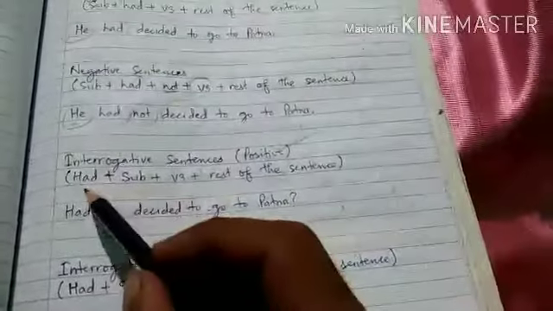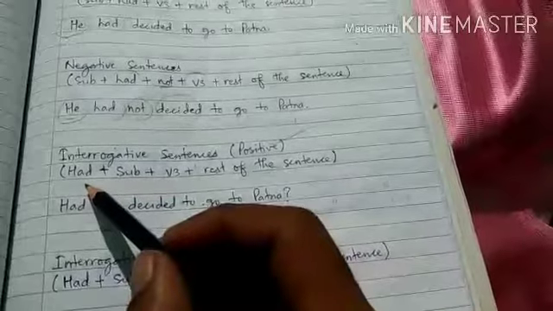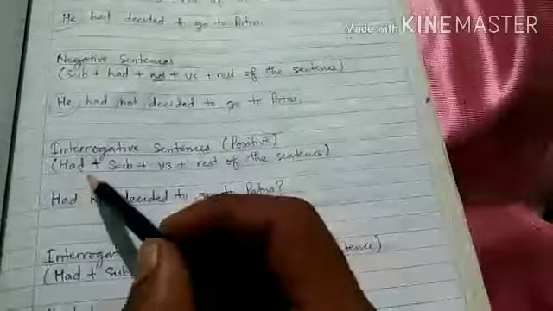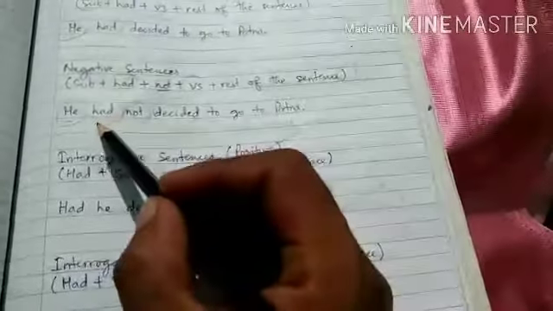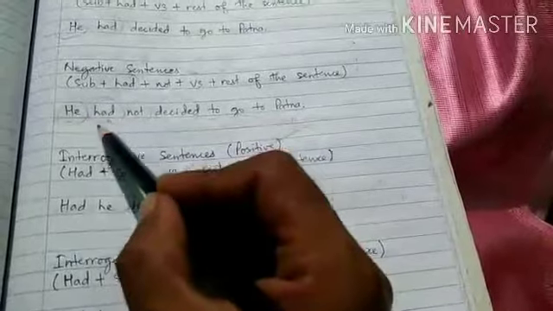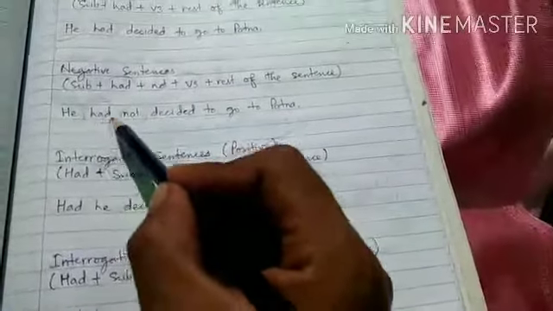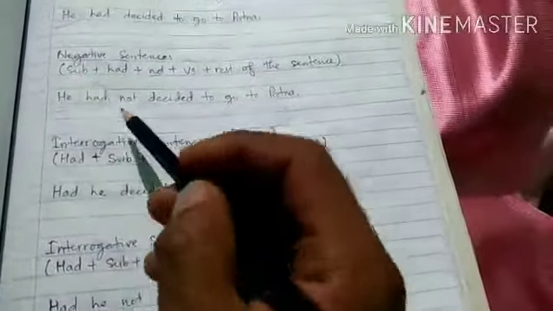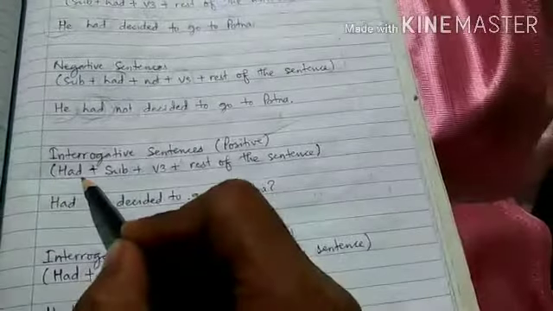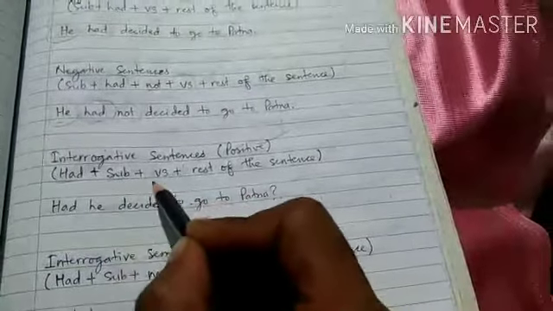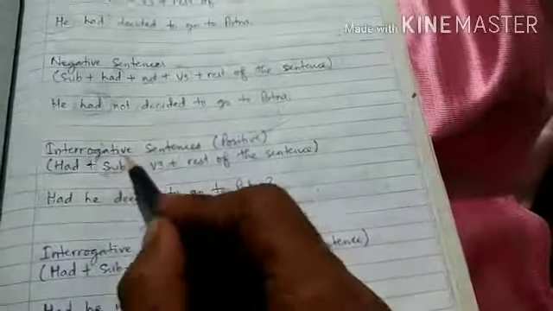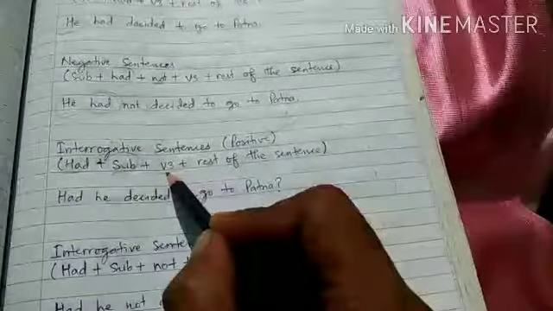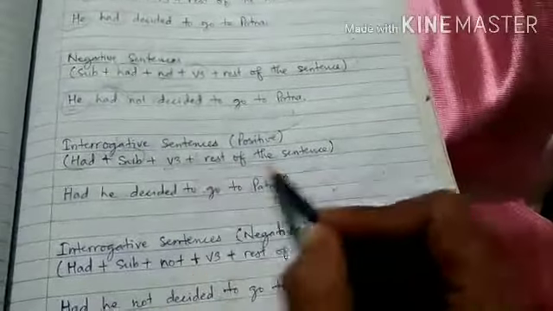Here we are learning about framing interrogative sentences by using helping verbs. So यहाँ पर past perfect tense में helping verb क्या है? Had, from the group of have verbs. सबसे पहले हम helping verb को लगाएंगे और उसके बाद subject और उसके बाद main verb. That means the subject comes in between the helping verb and the main verb, and after that, the rest of the sentence.